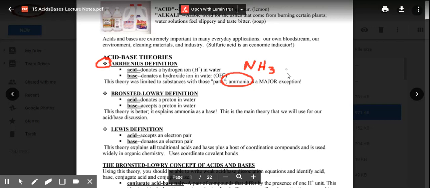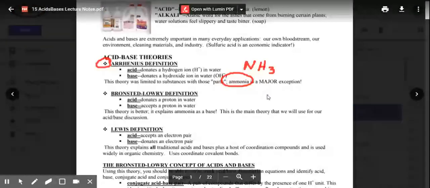Well, if we look at NH3 here, according to the Arrhenius definition, a base is supposed to donate a hydroxide ion, an OH negative. Well, the problem is ammonia doesn't have an OH negative to donate. So therefore, we call this an exception to the Arrhenius definition. We do know that it is a weak base, but it doesn't fit this rule.